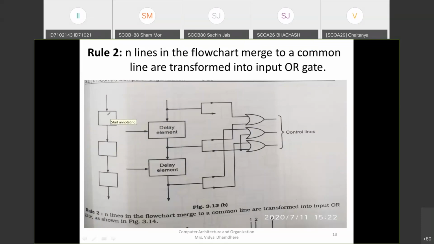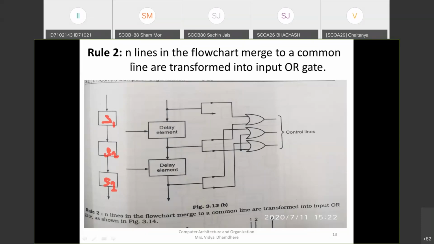Sequence numbers S1, S2, and S3 are the 3 micro operations. In between the 3 micro operations, delay elements are placed, and the delay element output is given as an input to the OR gate, which merges them, and from there control lines are generated that will be used for the hardware control unit design.